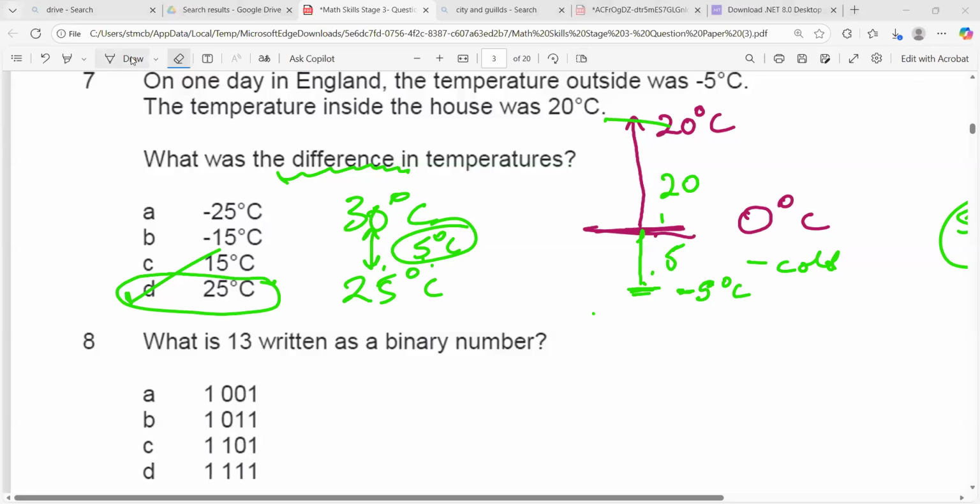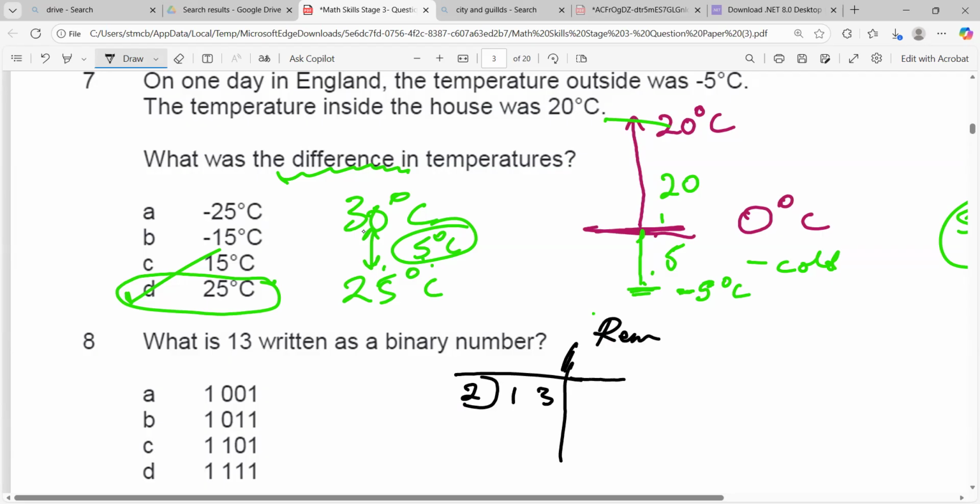All right. A few persons have not done it ever, but this is how simple it is. This is like the language a computer understands, 1 and 0, right? So all we're doing is dividing 13 by 2. The remainder is going to be our answer. 2 into 13, how many groups of 2 can you get out of 13?